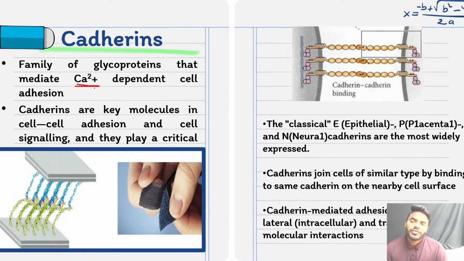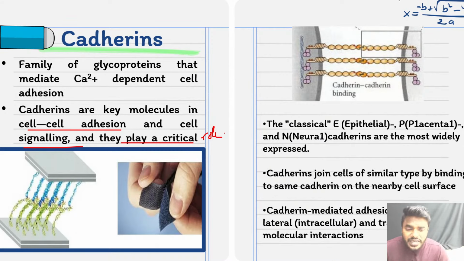So the straightforward point you have to remember is that cadherin is calcium dependent. Kindly do not get confused with this point. Cadherin molecules play a key role in cell-cell adhesion, cell signaling, and they play a critical role in cell migration also. Do not get confused, friends. Functions you have to remember.